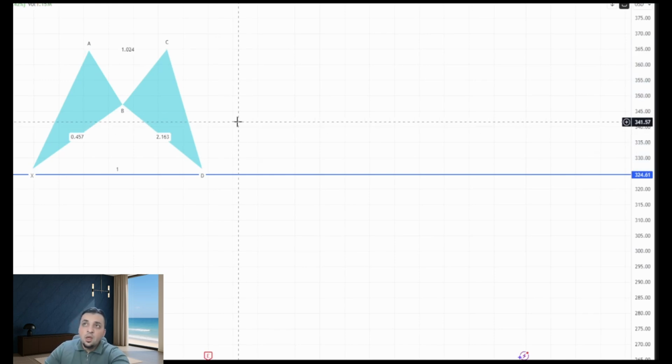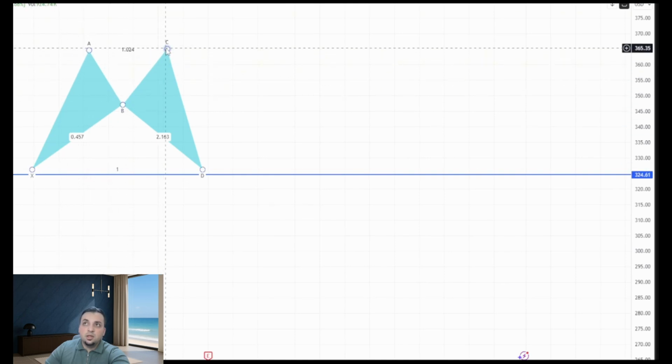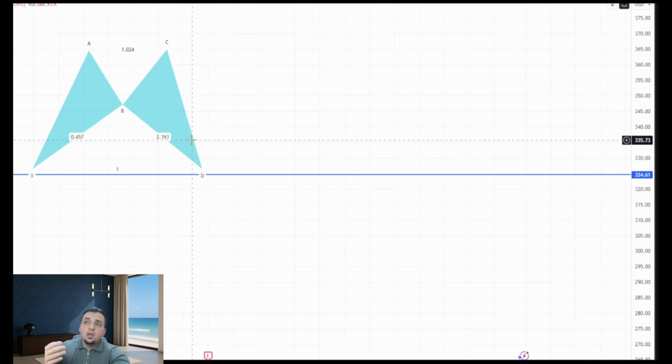Okay, so we have the first movement, X to A, the second, A to B, the third, B to C, and the fourth, C to D. And according to the text and the theory behind the harmonic patterns, once the pattern is completed, we must anticipate a bullish move, a pullback up.